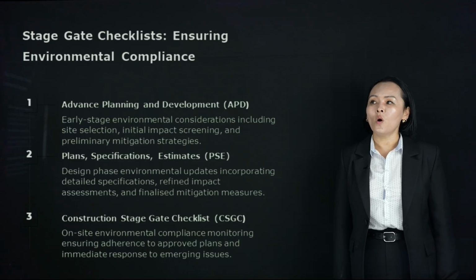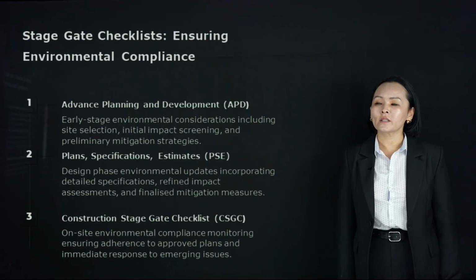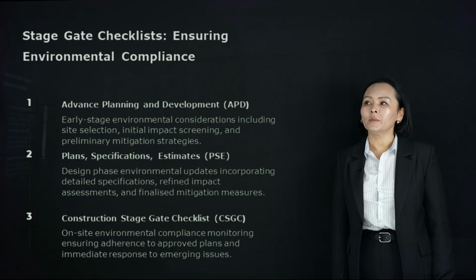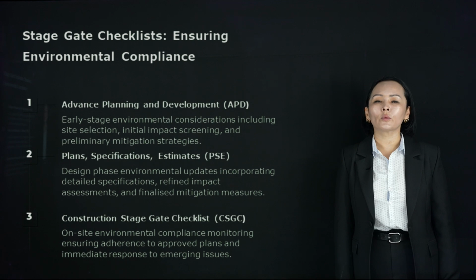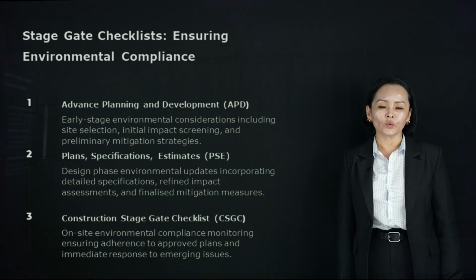Advanced planning: early-stage environmental consideration, including first site selection, initial impact screening, and preliminary mitigation strategies. On-site environmental compliance monitoring: ensuring adherence to approved plans, and immediate response to emerging issues.